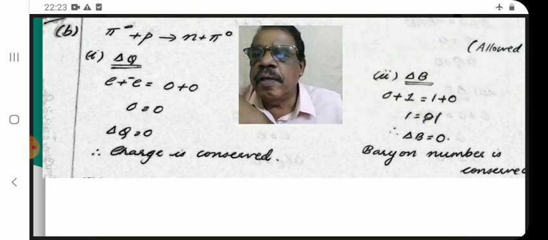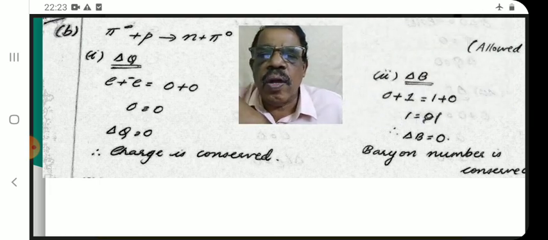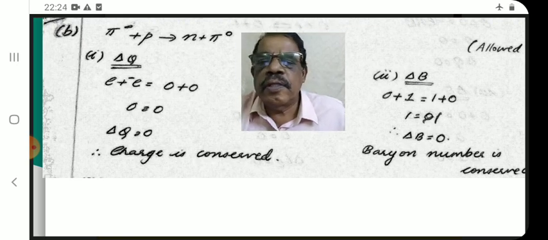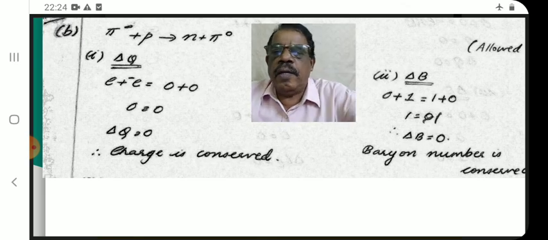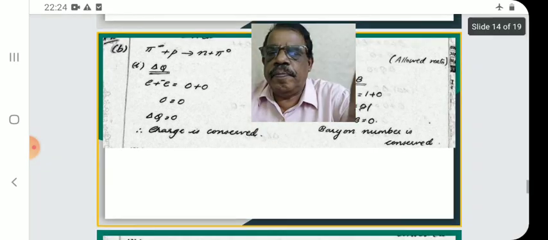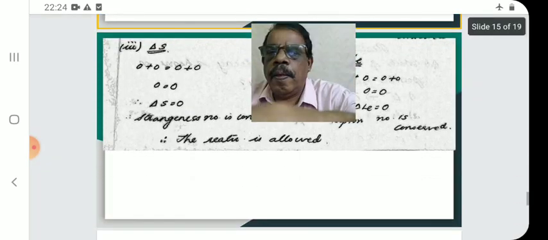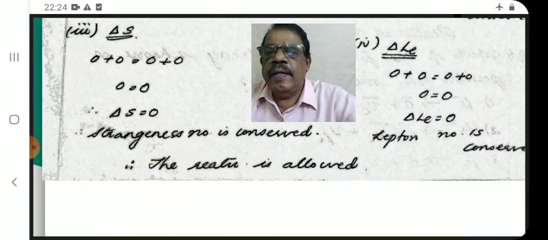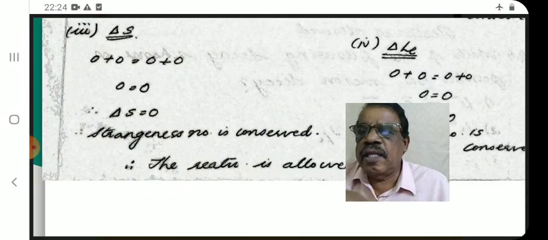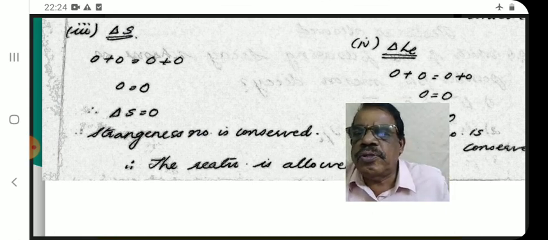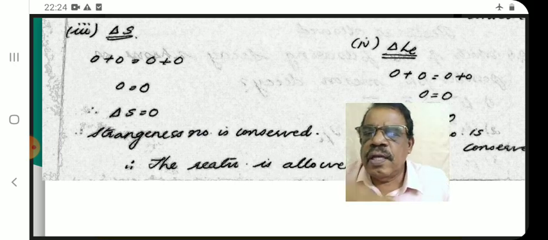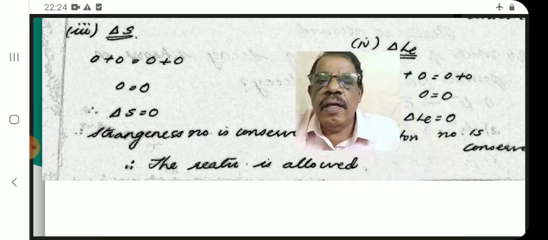Then delta B, proton is a baryon, 0 plus 1 is equal to 1 plus 0, n is a baryon, so delta B is 0, baryon number is conserved. Then delta S, strangeness number, all are familiar particles, therefore 0 plus 0 is 0 plus 0, 0 equal to 0, delta S is 0, strangeness number is conserved.